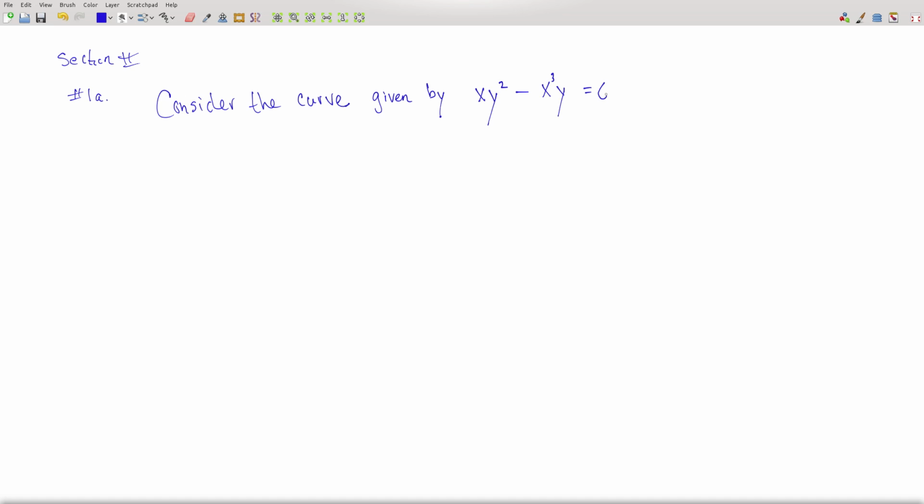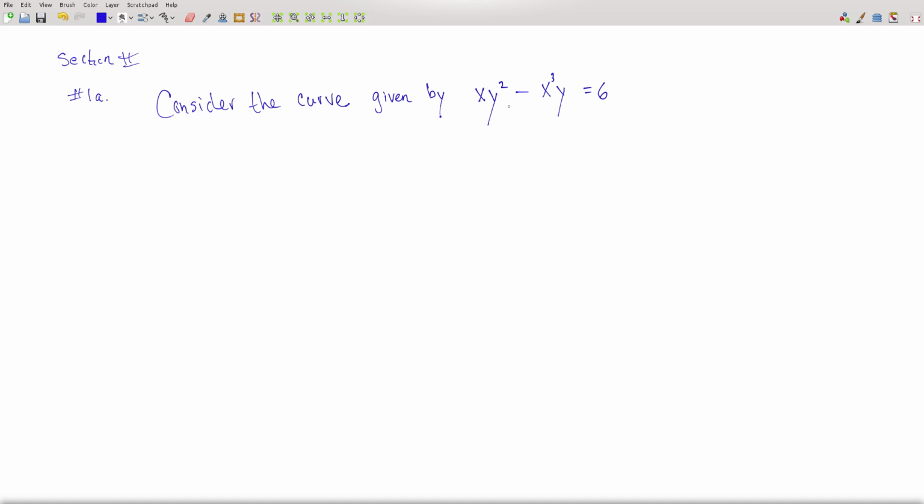equals 6. Now, this equation with x's and y's is not that easy to solve for y, so that we would just have a simple function of y in terms of x. That's not going to happen, but we implicitly have a function for y in terms of the x.